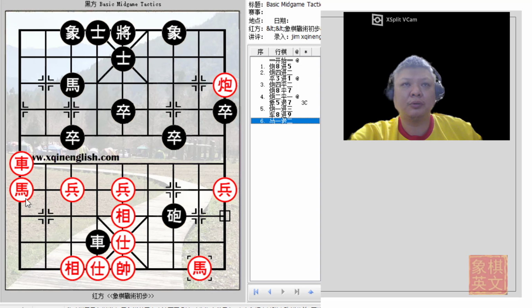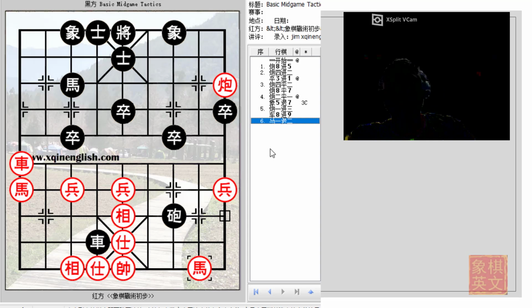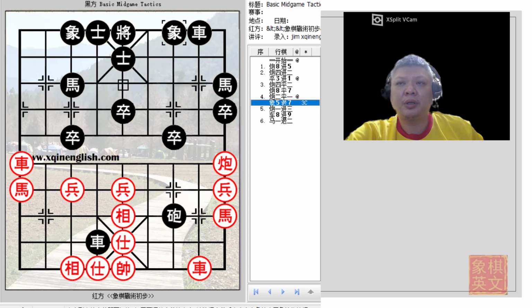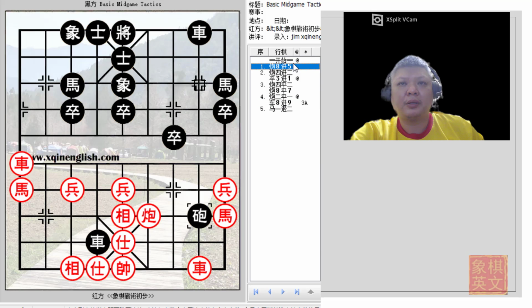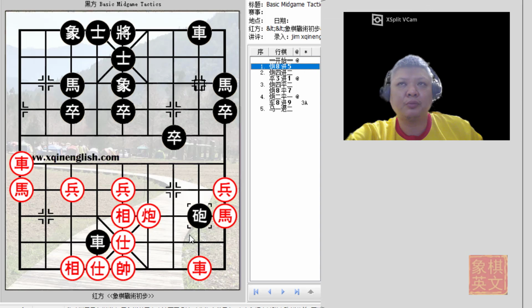There will be 4 pieces left on the board for red, and only 3 black pieces. So if black moved the cannon away, the red cannon will now be safe to move, let's say for example, c1 plus 2 for the check, and red will still have a material advantage. So as can be seen, a short review. In this situation, black chose the wrong strategy and he decided to attack the elephant with this move.